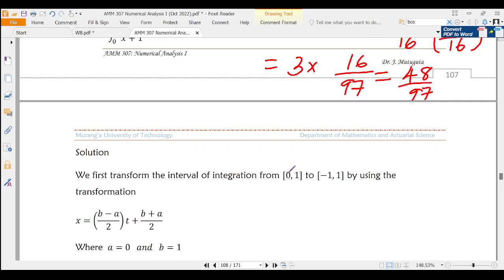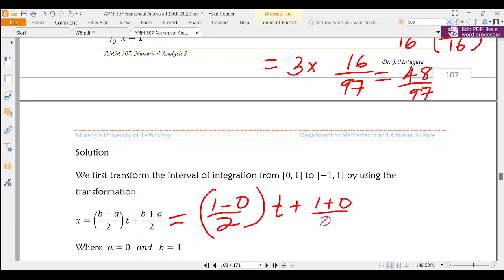The value of a is 0, the value of b is 1, so that this one becomes 1 minus 0 all over 2 times t plus 1 plus 0 all over 2, and this is a half into t plus 1.